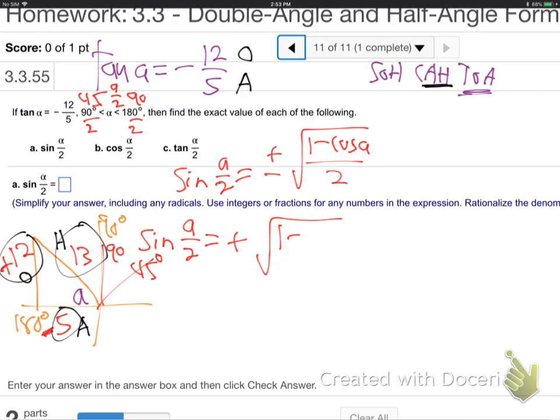So it's negative. They're going to double negative here: negative 5/13, all over 2. Everybody see that double negative thing? Adjacent over hypotenuse, negative 5/13.